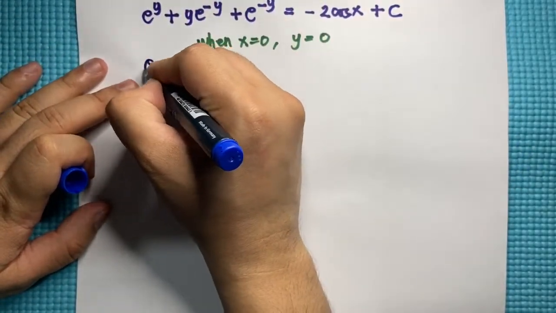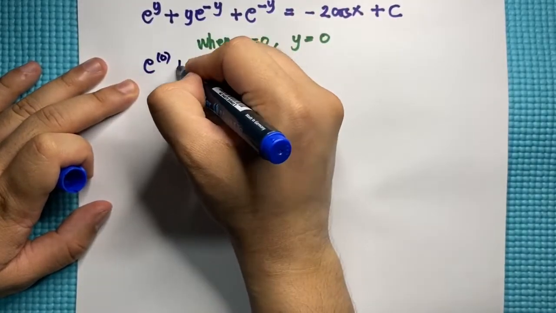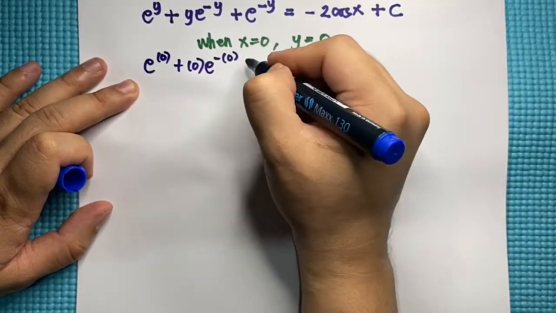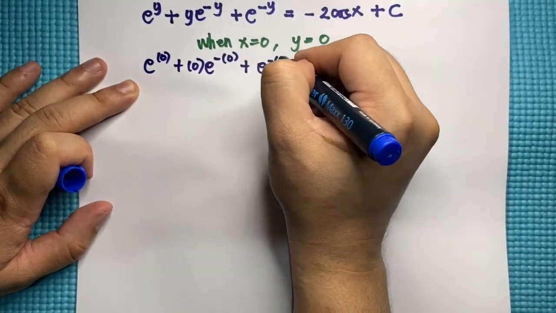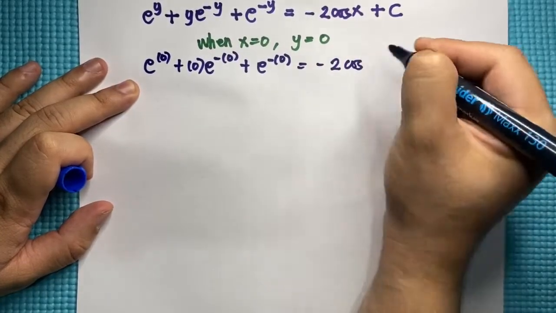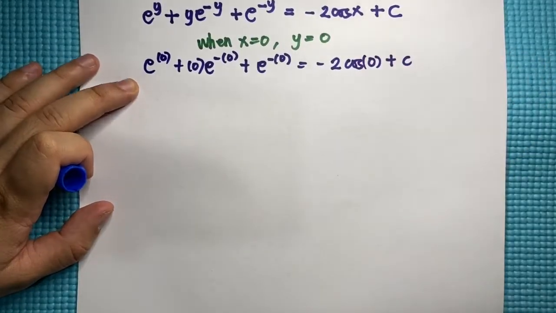So giving us e raised to 0 plus 0 multiplied with e raised to negative 0 plus e raised to negative 0 to be equal to negative 2 cosine 0 plus c.